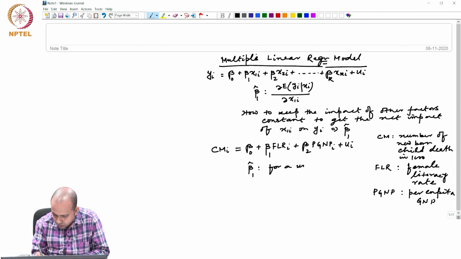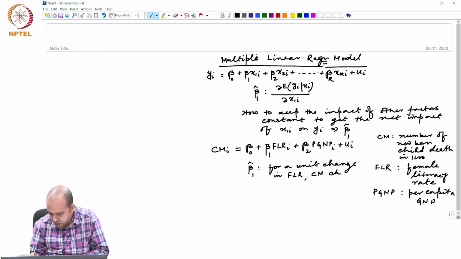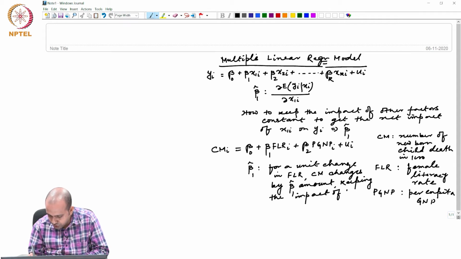For a unit change in FLR, child mortality rate changes by beta 1 hat amount, keeping the impact of PGNP constant.